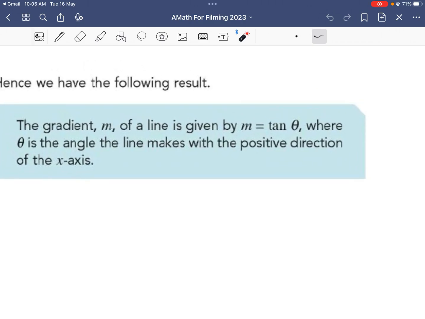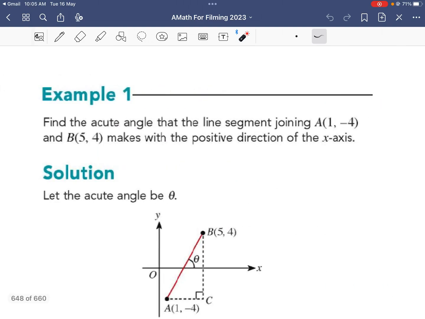Hence, the gradient of a line, m, is given by m equals tangent theta, where theta is the angle the line makes with the positive direction of the x-axis. So we're relating the gradient to the angle that it makes with the x-axis.